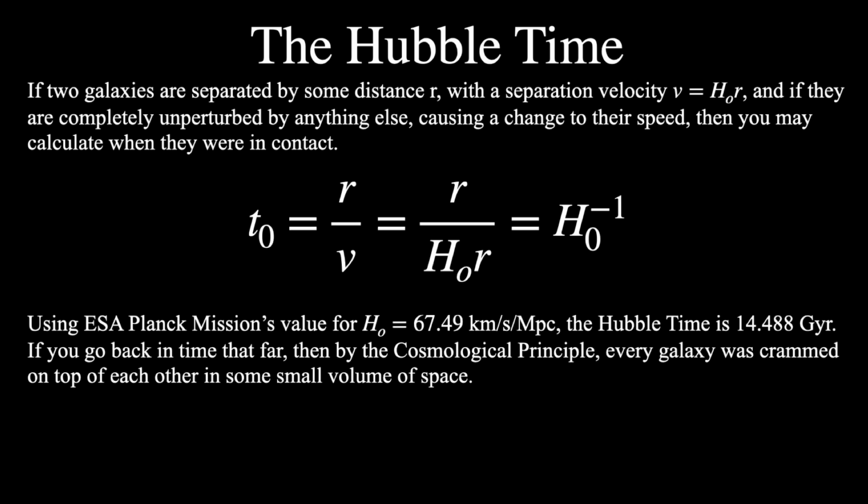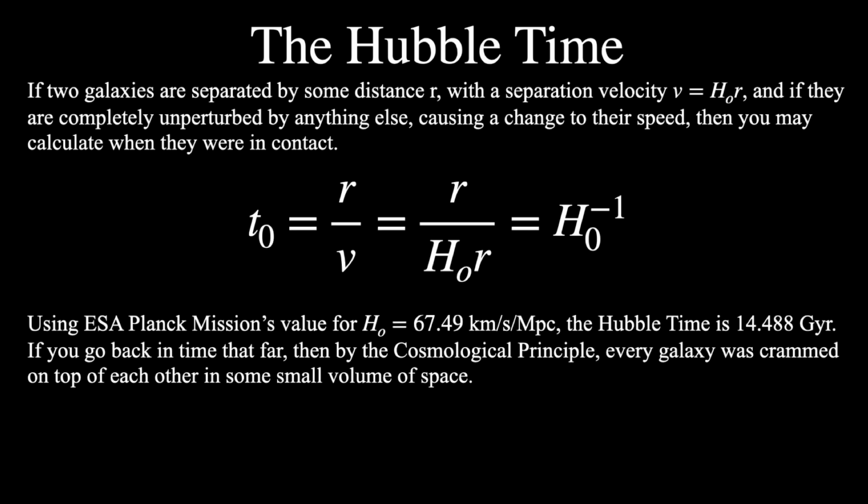That's just changing kilometers per megaparsec. Therefore, we can then try to solve for a time. So if we take the distance to an object divided by its velocity that's rushing away from us, we notice the velocity is simply equal to the Hubble constant times the distance, the distances cancel out, and we get the inverse of the Hubble constant. And that gives us a time, a characteristic time.